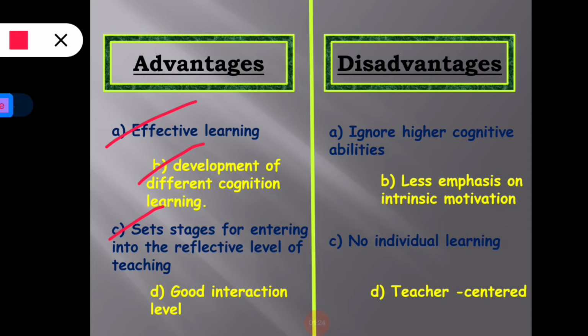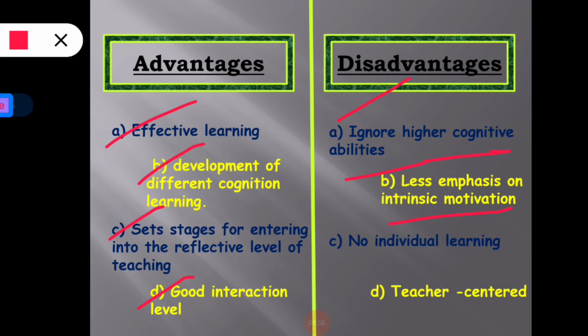And now going to the last one, that is a good interaction level. Obviously students and teachers' relationship, communication skills and their interaction level is very high in this level of teaching. Now move on to the disadvantages. The first disadvantage is it ignores the higher cognitive abilities, obviously, and it emphasizes intrinsic motivation.